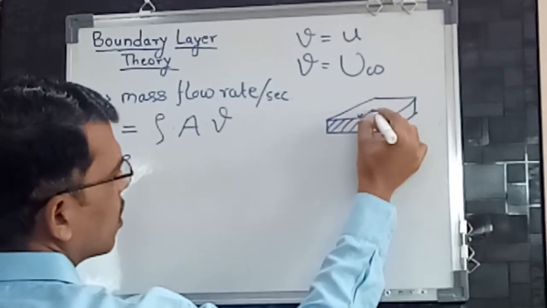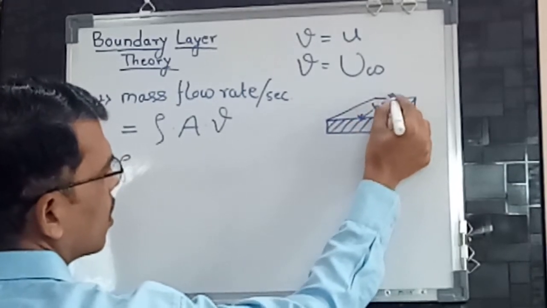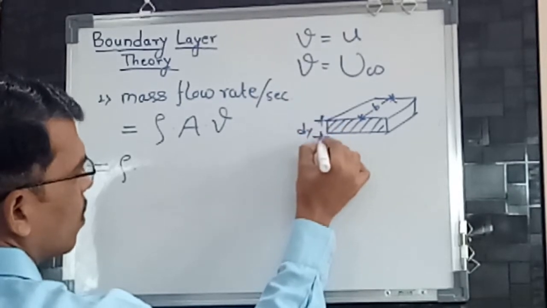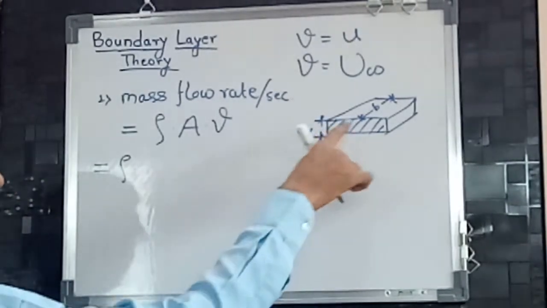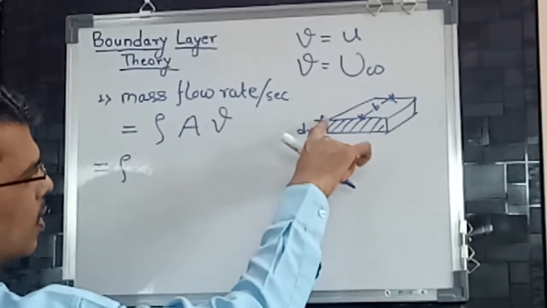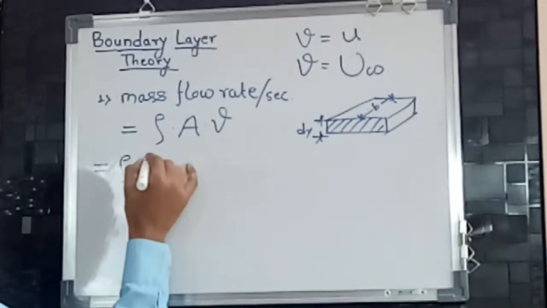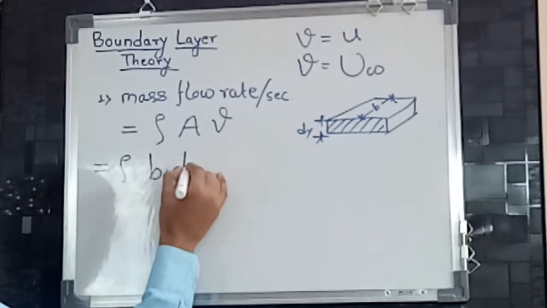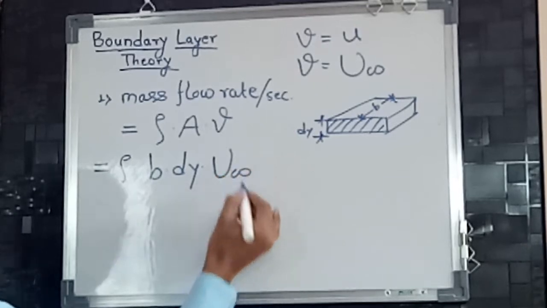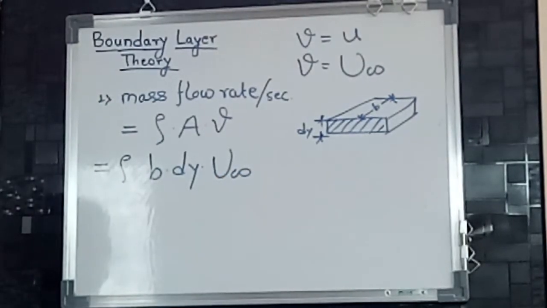This distance is B, and this distance is dy. So now see, B into dy, and this is u, meaning u infinity. Here we are not considering any plate.